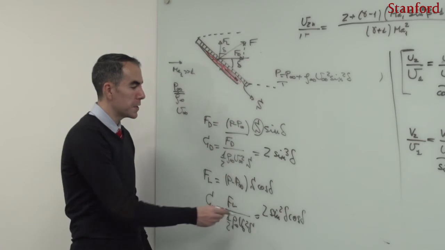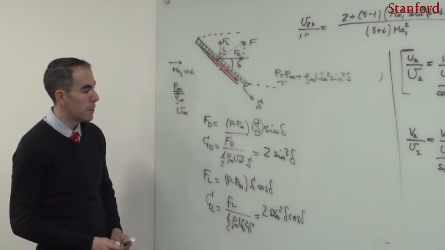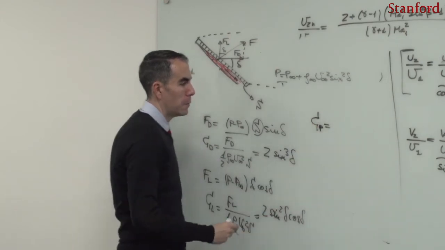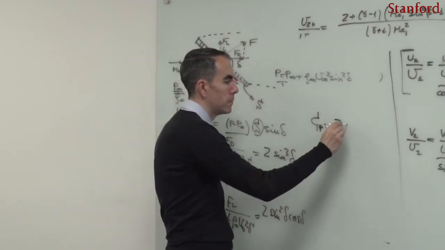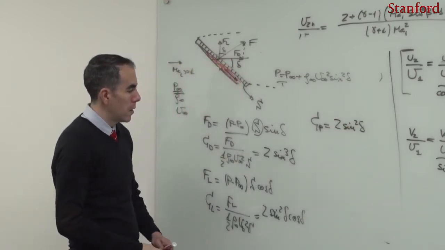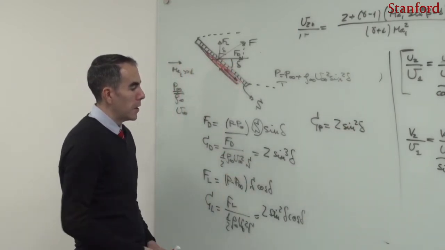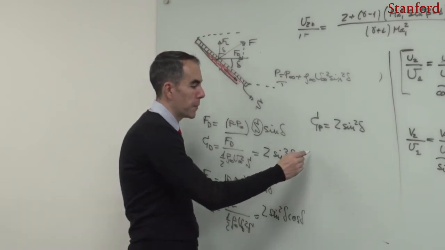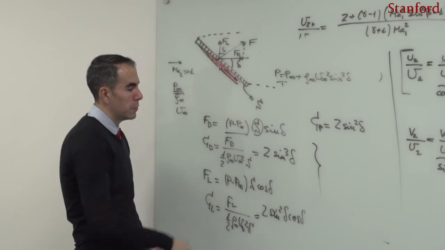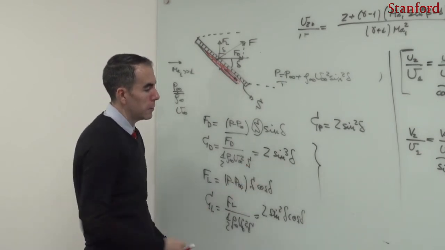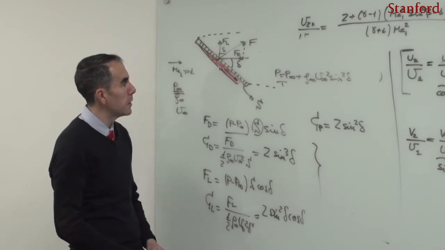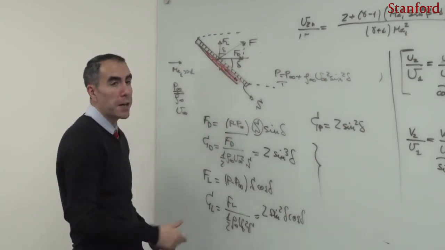Well, if one looks at these expressions here, together with the pressure coefficient, one realizes a couple of things. The first one is that this drag force, obviously, becomes a maximum when delta is pi halves.